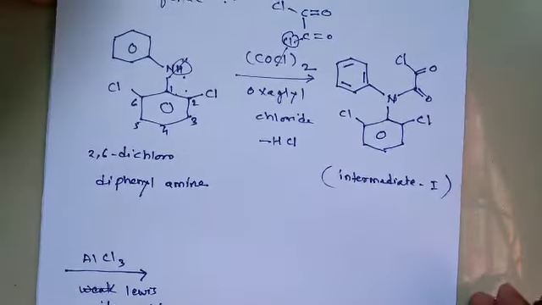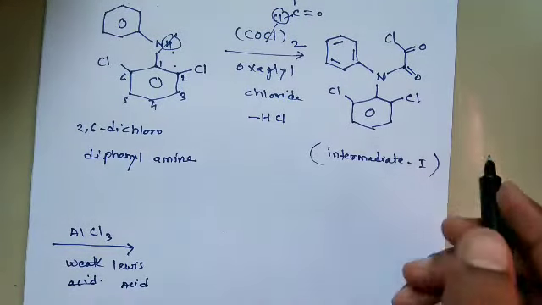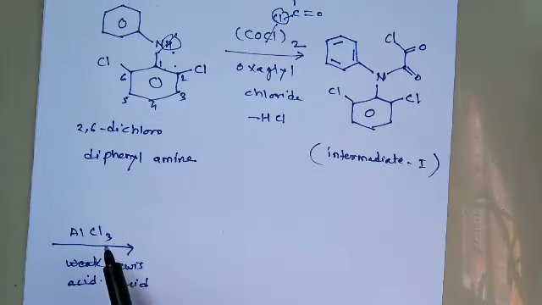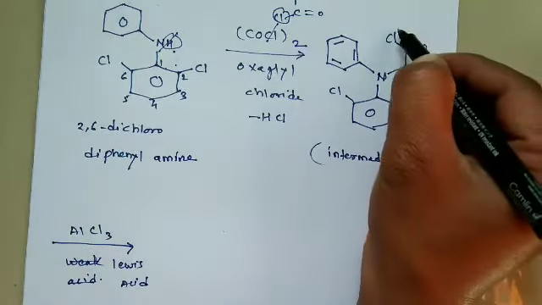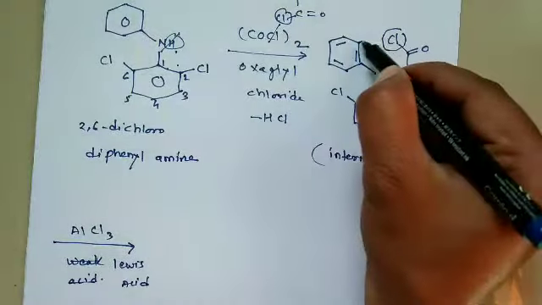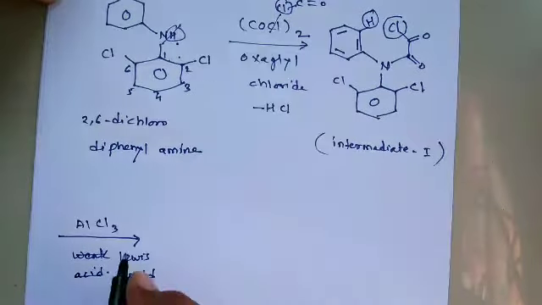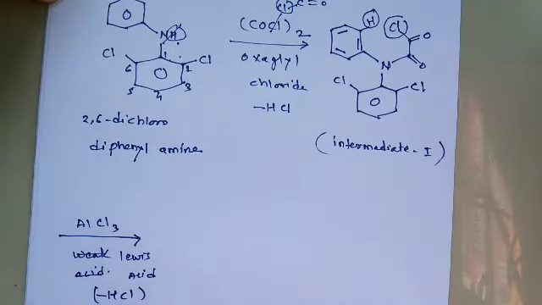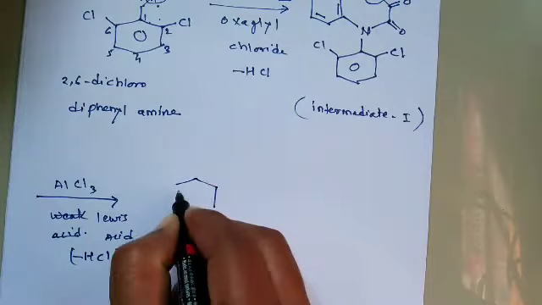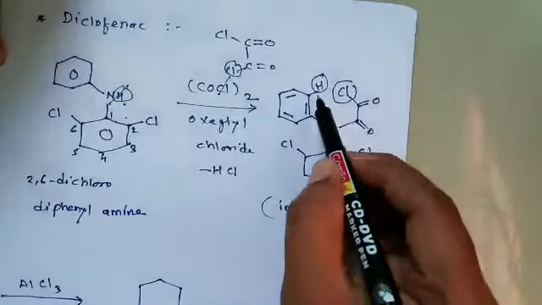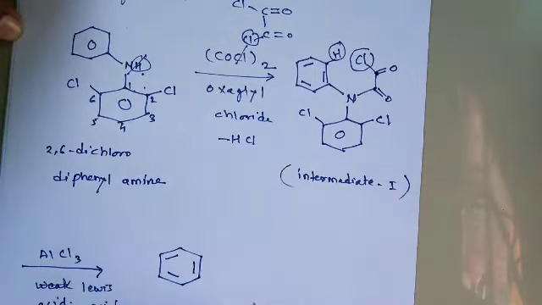Okay, after that, when the intermediate reacts in the presence of aluminum trichloride, then this chlorine and this hydrogen of this benzene ring eliminate the HCl molecule, and you will get the second intermediate, that is the closing of the ring between this carbon and this carbonyl carbon. Okay, you can write the structure.